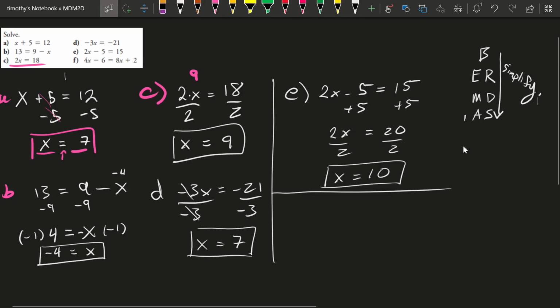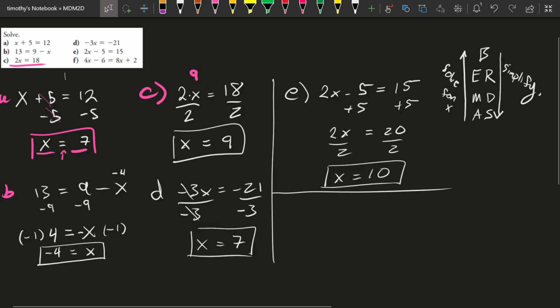Well, it turns out for solving for x, you actually go in the other direction. Solving for x, you do addition and subtraction first, and then multiplication, and then exponents and roots, and then you do brackets, anything that happens to be inside of a bracket.